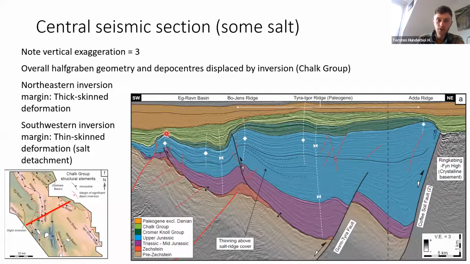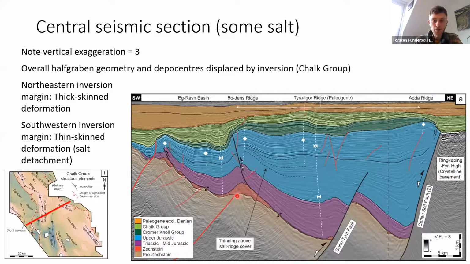So these are thin-skinned or at least somewhat decoupled structures. This deformation was decoupled from the subsalt down below, and in the subsalt you find old normal faults that have opposite dip polarity than the inverted faults up above.